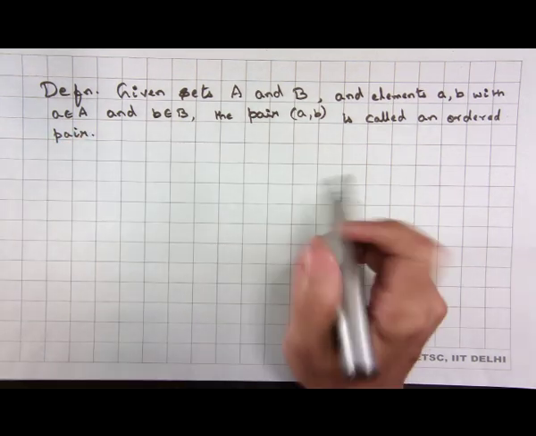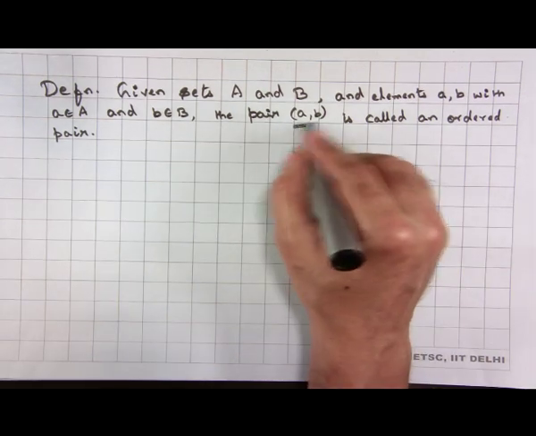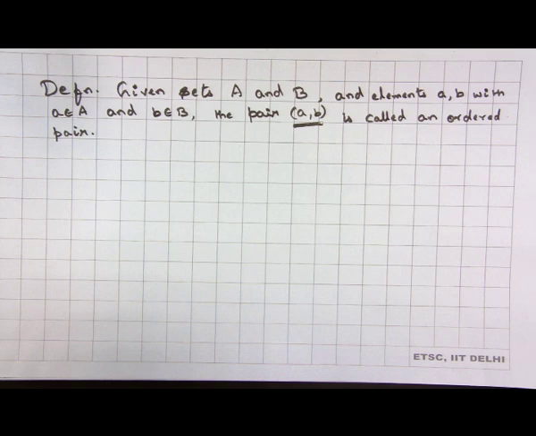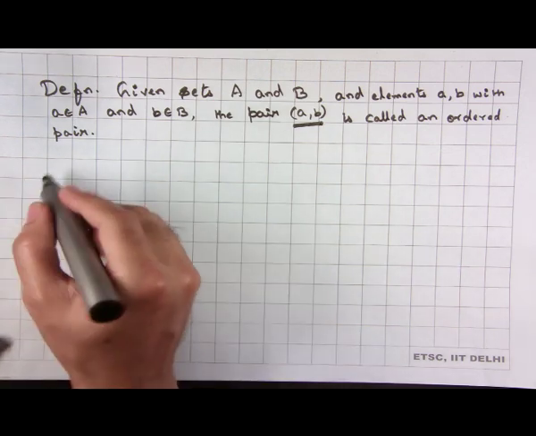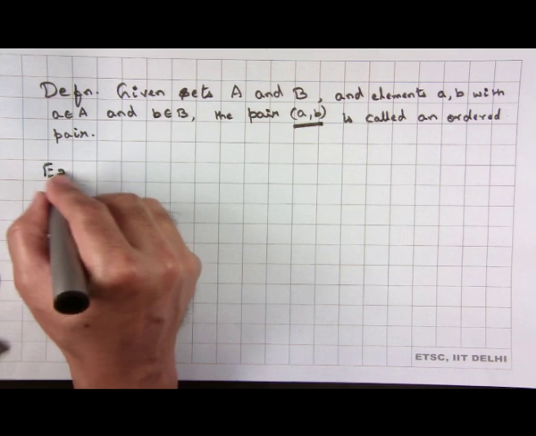The pair a comma b, this pair I will call an ordered pair. Well, let us look at one more example.